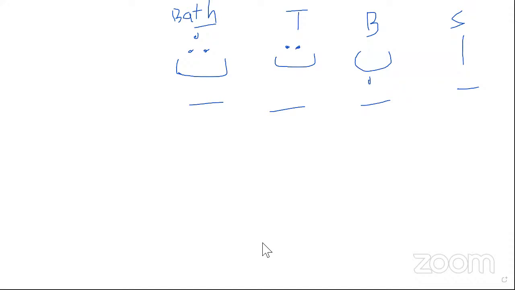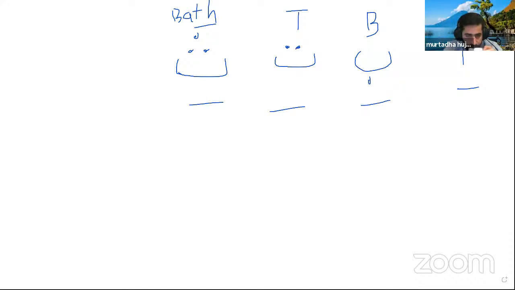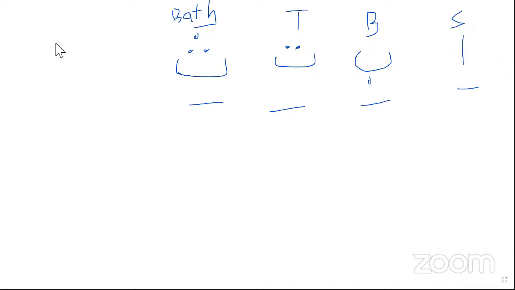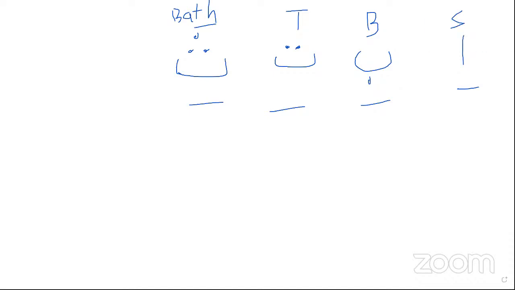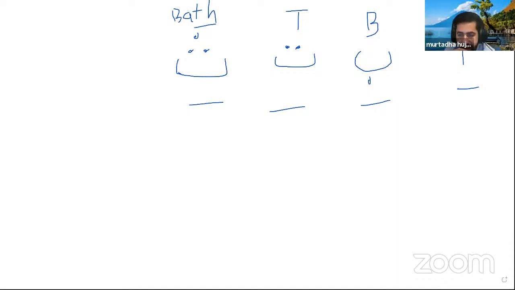For Ta, can you give me one word for Ta? Like 3? The number 3, that's written with Ta, right? No. Number 3 is with Tha. Thalatha. Yes, Thalatha.